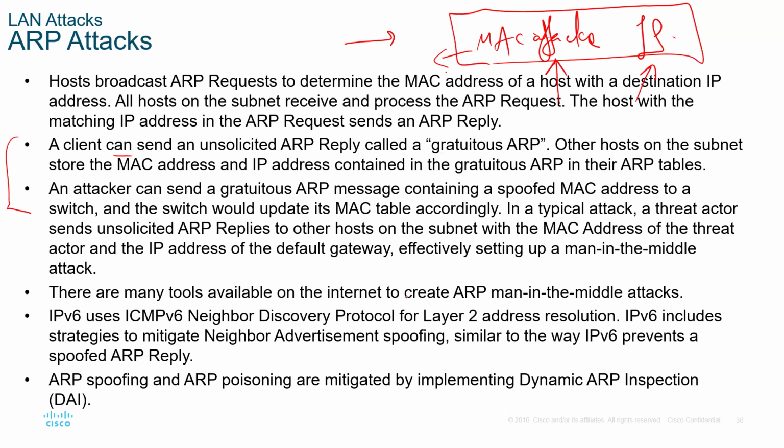There are many tools available for creating ARP man in the middle attacks. IPv6 uses the neighbor discovery protocol for resolution. It includes strategies to mitigate neighbor advertisement spoofing, similar to the way IPv6 prevents spoofed ARP replies.